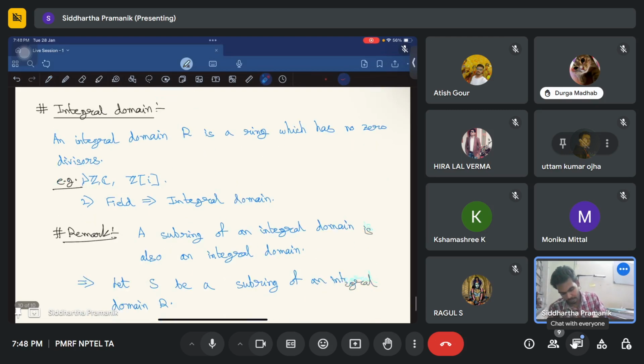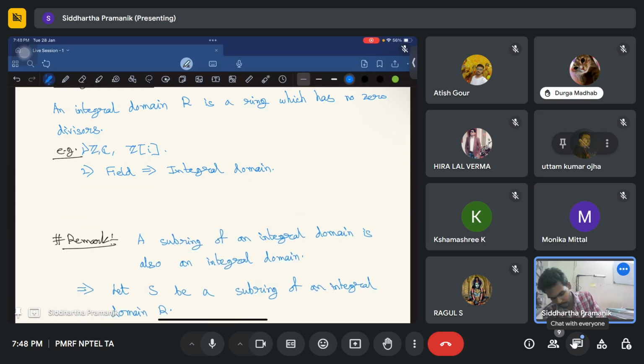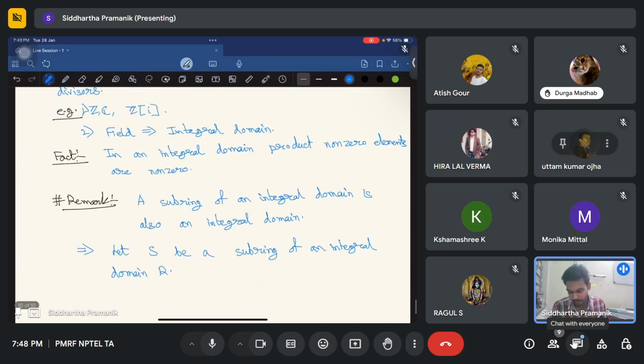That means in an integral domain, product of non-zero elements cannot be 0. So in an integral domain, product of non-zero elements is non-zero. That is the fact in an integral domain.